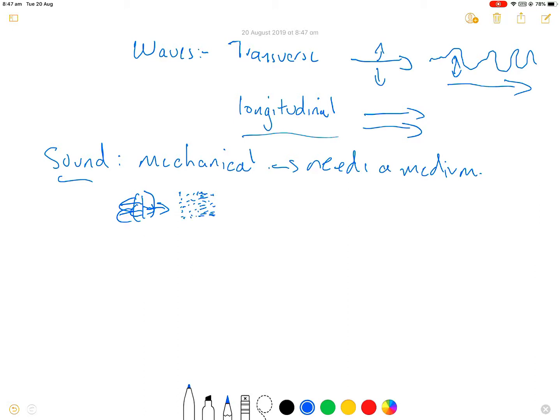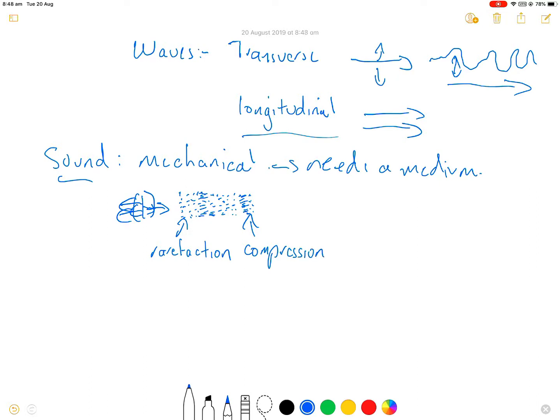If they're vibrating at a certain frequency, pushing in one direction and recoiling back, pushing again, recoiling back, and so on, you're going to get a series of areas where the air particles are far apart and where they are close together. Where the air particles are far apart, it's called a rarefaction, and where they're pushed close together, it's called a compression.